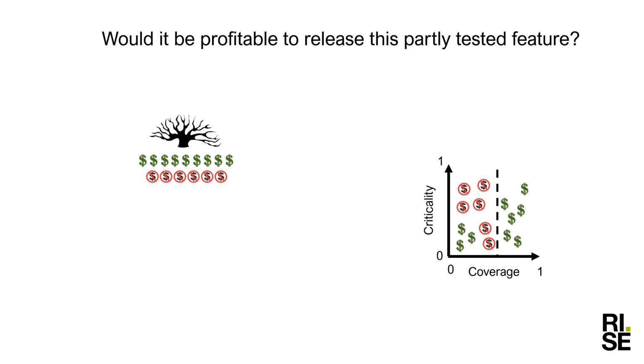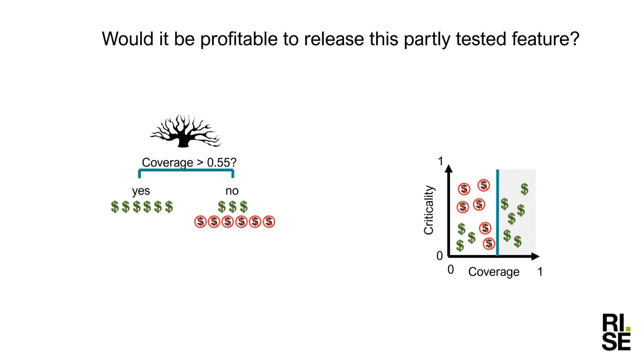And what the algorithm will find here is that this rule here would be a good idea, because everything here to the right, 6 data points, are of the type green dollar sign, so profitable to release. And this we can then represent as a rule. In this case, coverage is greater than 0.55, and then we apply it to the data, and it looks like this. And what we see now is that in this branch here we need to do something.